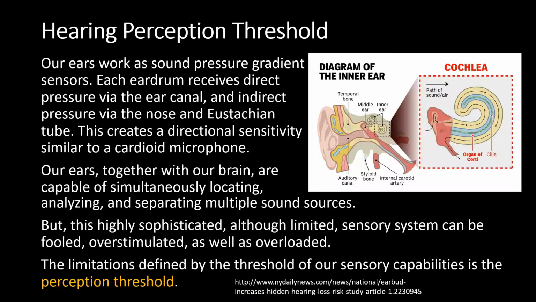But this is highly sophisticated, and it's limited, and our sensory system can be fooled or overstimulated as well as overloaded. And we experienced a little bit of this in the Laurel and Yanni experiment or audio that you listened to this past week. The limitations defined by the threshold of our sensory capabilities is the perception thresholds.